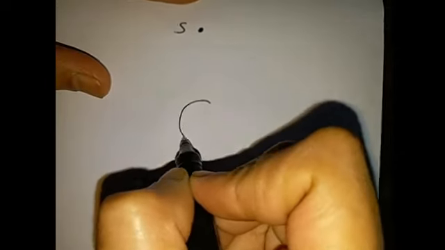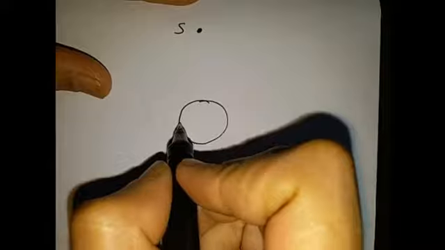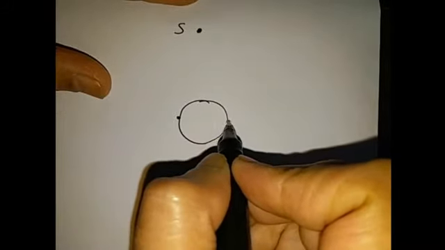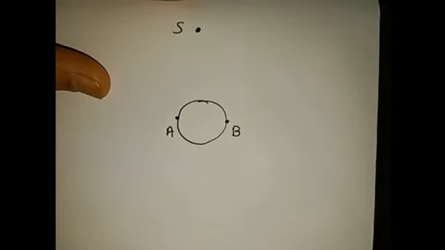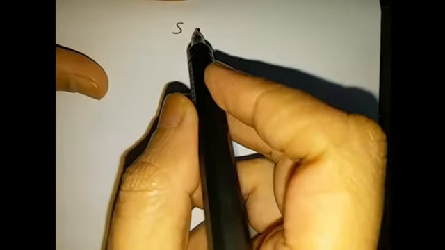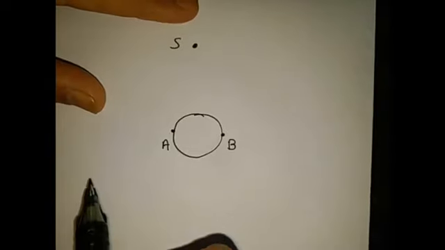S represents the position of the star and I want to measure its distance from the Earth. Suppose this is our Earth. So what do we have to do? We have to consider 2 points of observation. So here point A and point B are the 2 points of observation. From these 2 points, I have to observe this star simultaneously. Okay, so I will get 2 lines of sight.